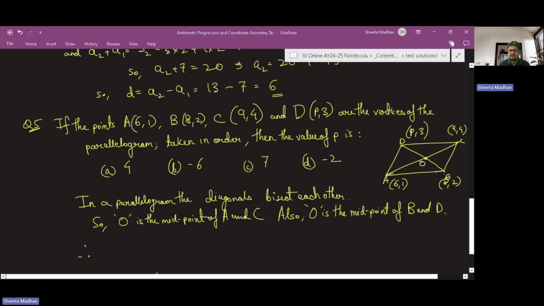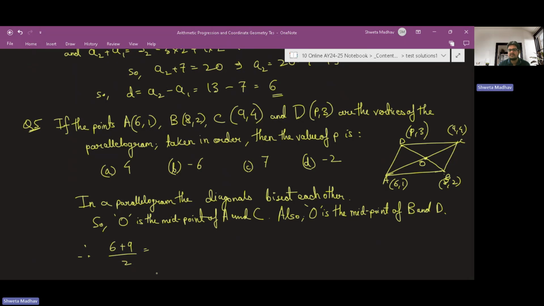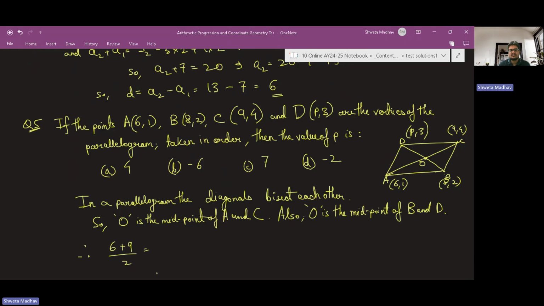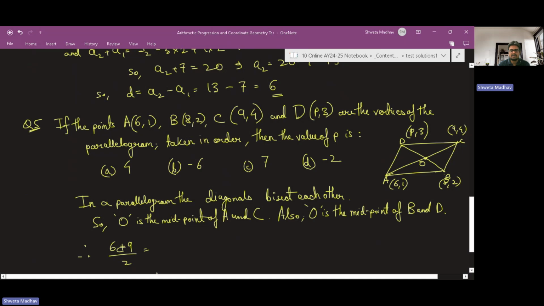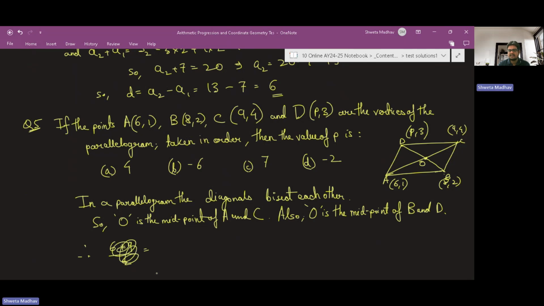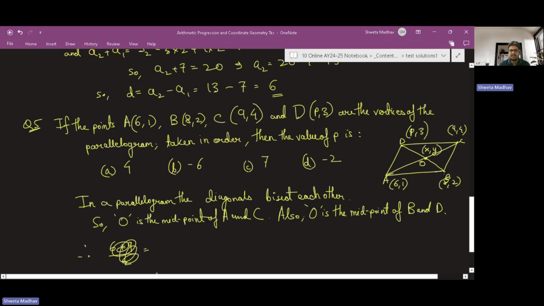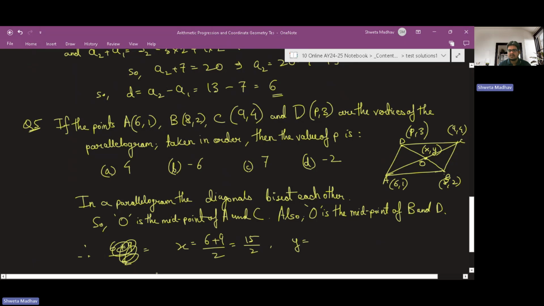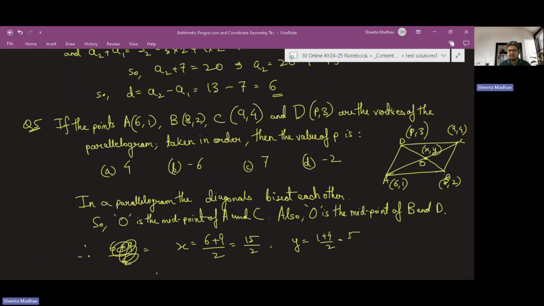So therefore, now we can say that 6 plus 9 by 2 is the midpoint of A and C. If I say that the x coordinate of point O is x and y coordinate is y, then x will be equal to 6 plus 9 by 2, that is equal to 15 by 2, and y will be equal to 1 plus 4 by 2, that is equal to 5 by 2.